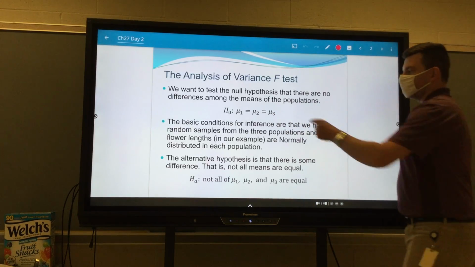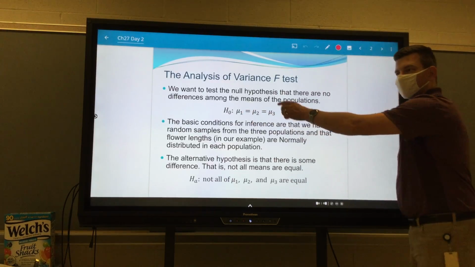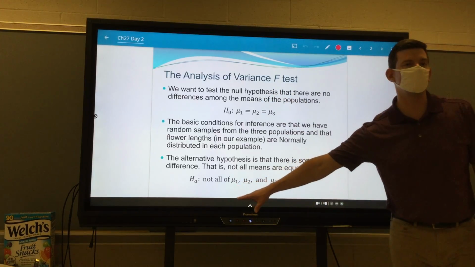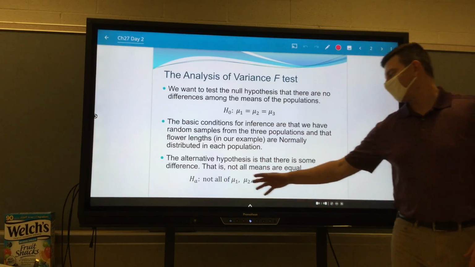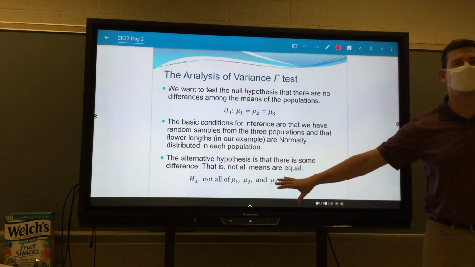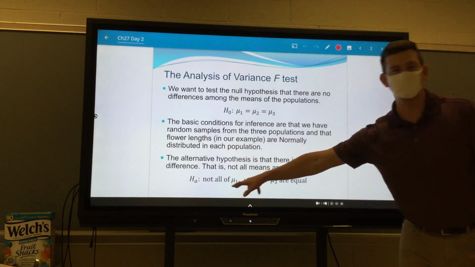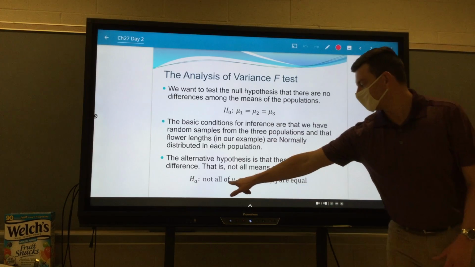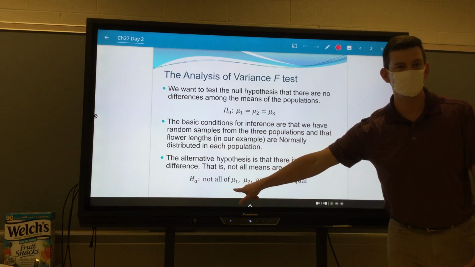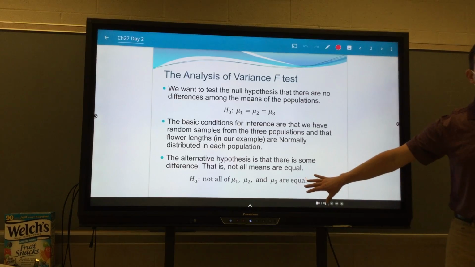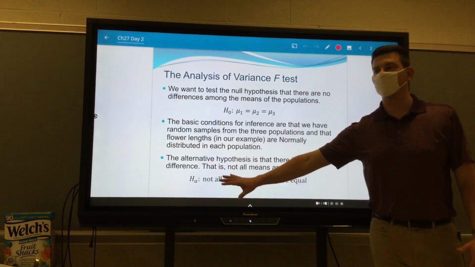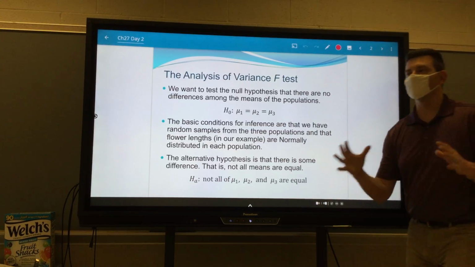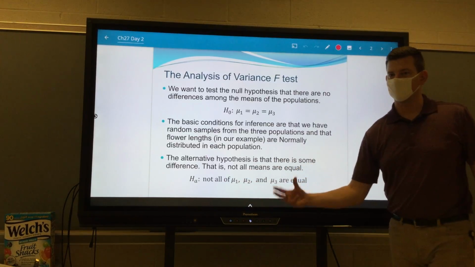If you're saying that these are all identical to each other, they are all equal, everything else, the alternative, would be that at least 2 of them are different. Not all of them are equal to each other. So we could have mu1 equal to mu2, but mu3 is different. That falls under the realm of our alternative hypothesis, that not all of them are identical to one another.